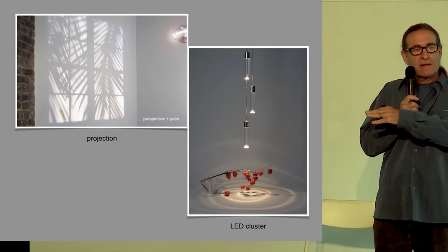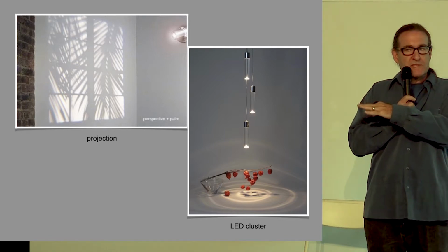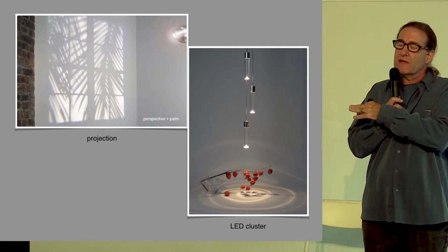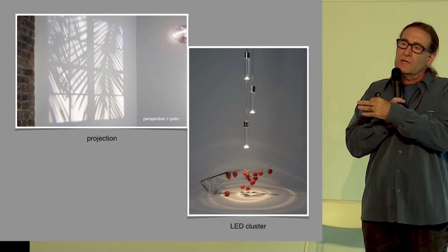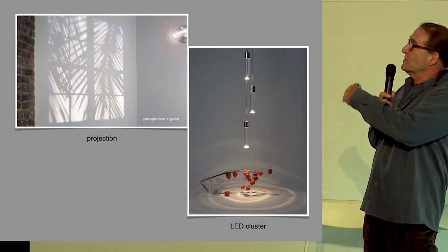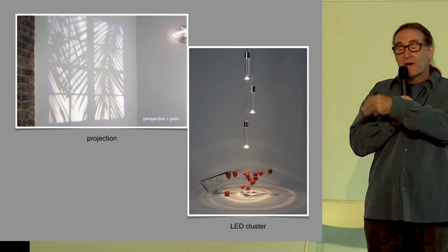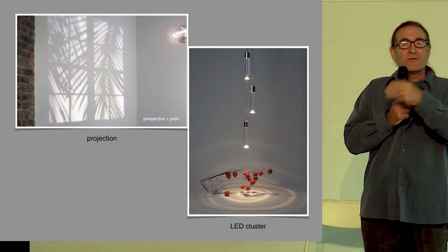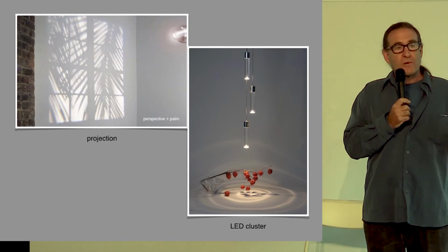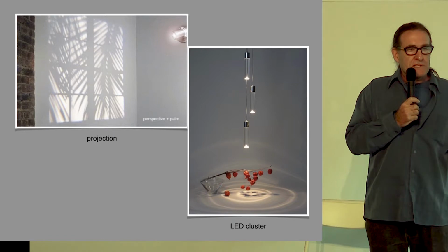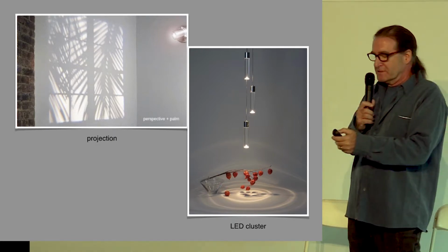And the silhouette, the gobo that's used in that projection, can actually be a number of different scenes. So you can either have palm fronds or anything else that you might like, a forest scene, a street scene, a cityscape, whatever it is.